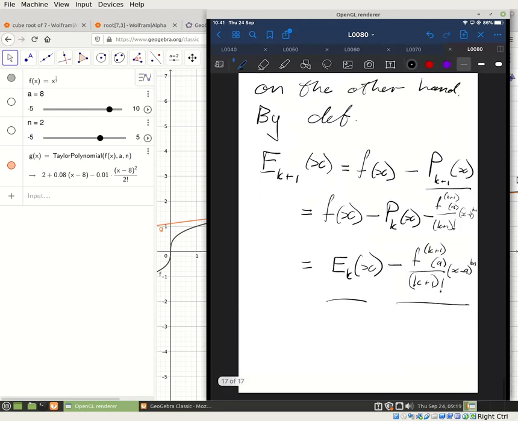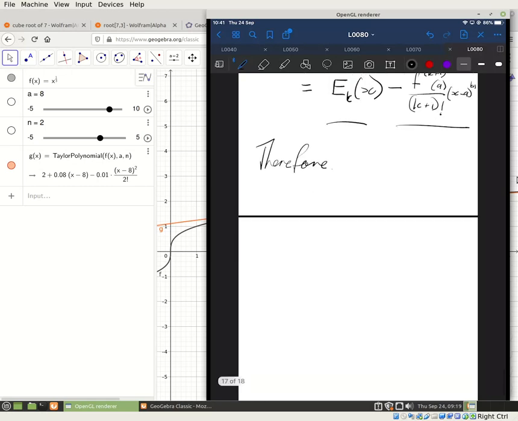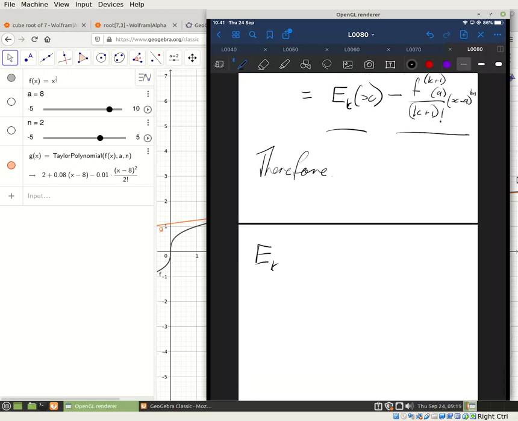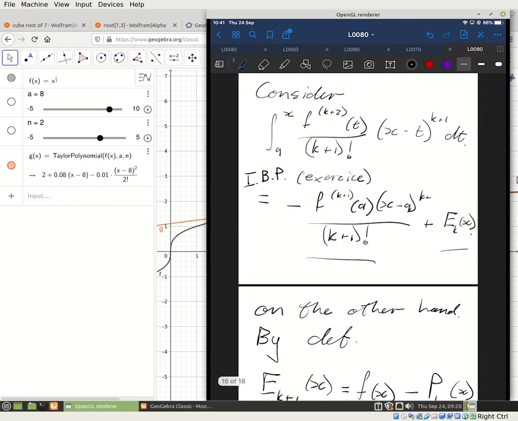So therefore, what do we have? We've got ek plus 1 is equal to this, but this is equal to that, but this is equal to this expression over here.